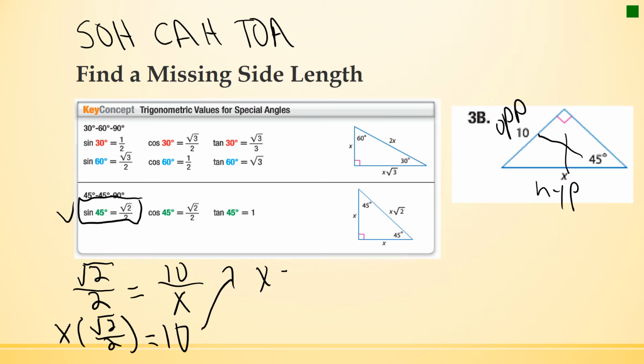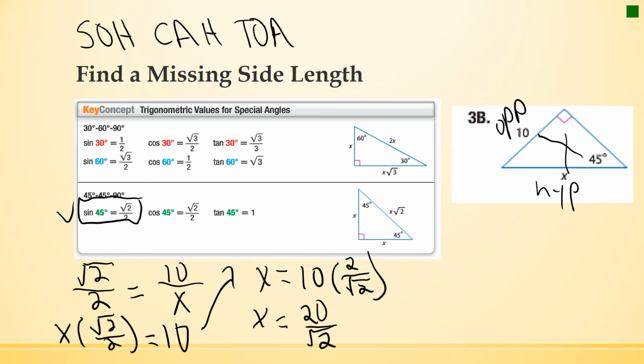So x is equal to 10 divided by the square root of 2 over 2, which is the same as multiplying by the reciprocal, 2 over the square root of 2. And so then x is going to equal 20 over the square root of 2. And I could rationalize the denominator. If I did that, I'd have 20 times the square root of 2 over 2, or 10 times the square root of 2.